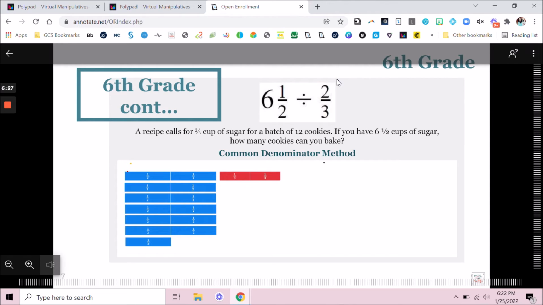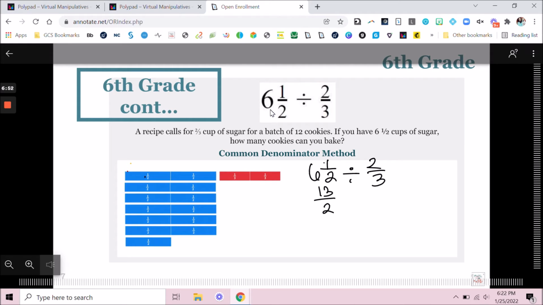The first thing I did was I recognized that we started with 6½ divided by 2/3. I recognized there's really 1, 2, 3, 4, 5, 6, 7, 8, 9, 10, well, 2, 4, 6, 8, 10, 12, 13. There's 13 halves. So just realizing that as an improper fraction is important.